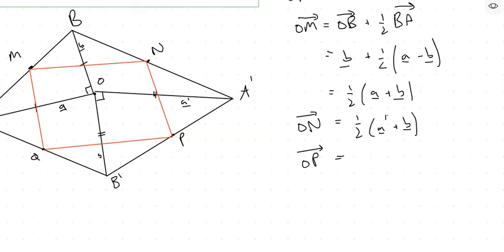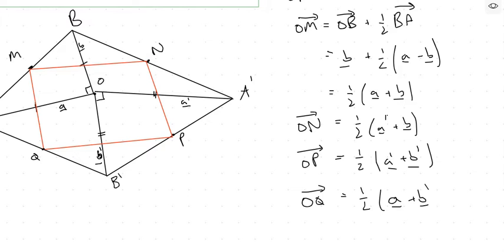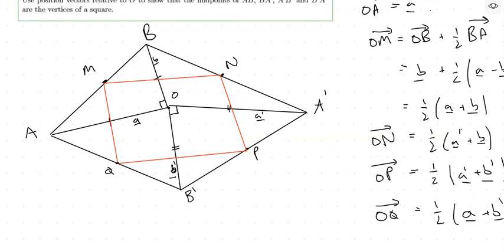By the same argument, we would get a half A dash plus B dash, and OQ, which is going to be a half A plus B dash. Okay, so we now have the position vectors of the midpoints.